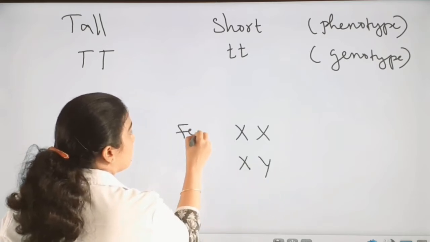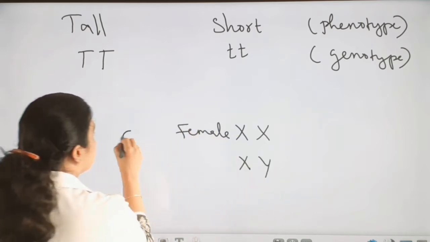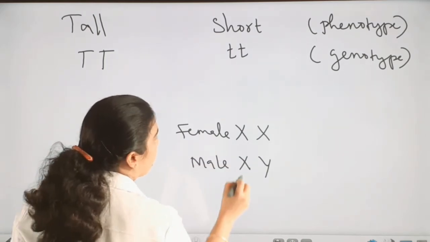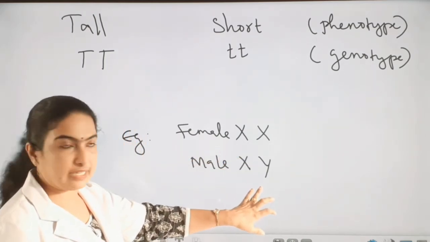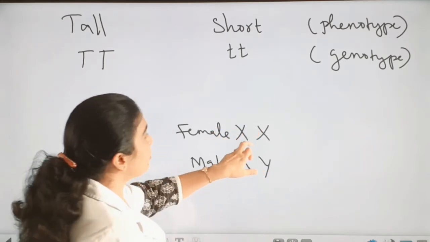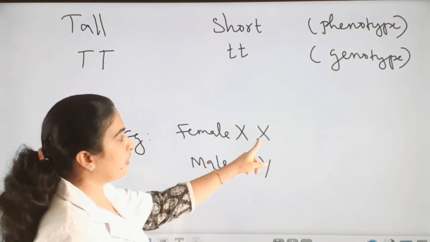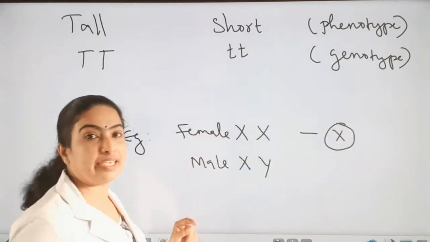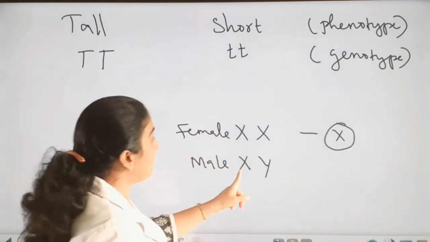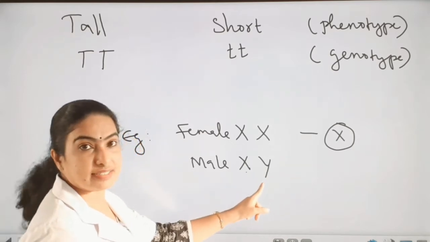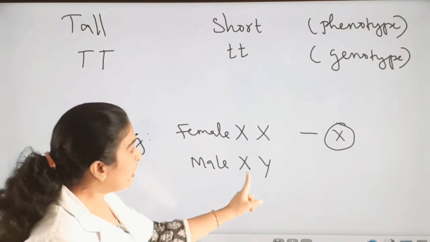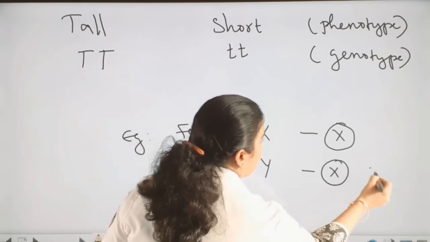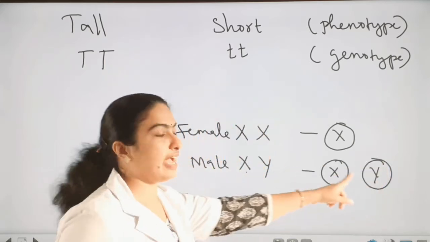Due to this homozygosity or similar alleles, they produce only one type of gamete, that is X. You already learned. And this is heterozygous alleles or dissimilar alleles. Because of that heterozygosity, they produce two types of gametes, which are X and Y.